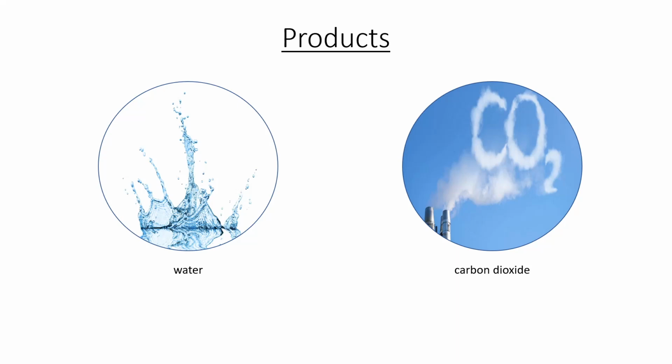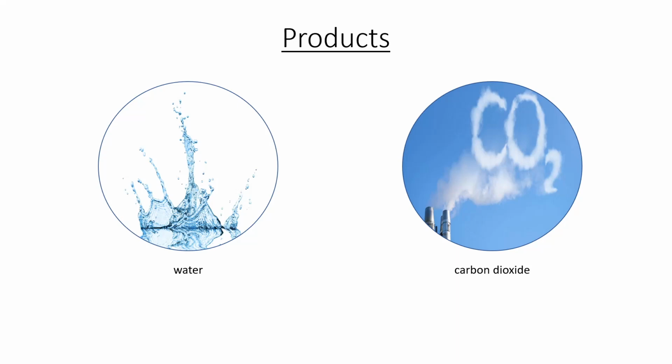It's only matter. I did put sun in the photosynthesis one because that is a catalyst for the reaction, and we'll talk about catalysts a little bit later in the year. For now, water and carbon dioxide are produced in the chemical reaction of respiration.